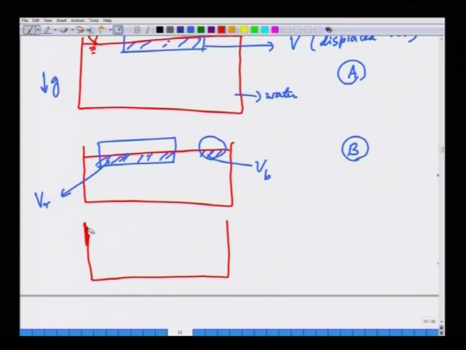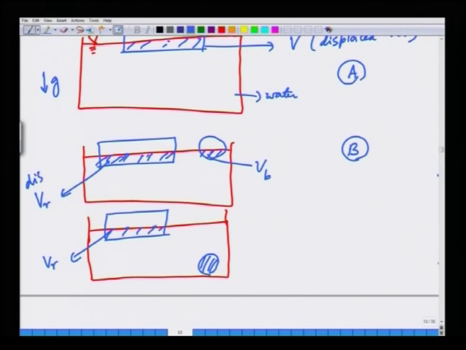You have the free surface of the water, okay, and then you have the raft, but the barrel is such that it is completely submerged. Okay. So, let us call this displaced volume V r in both the cases of the raft.